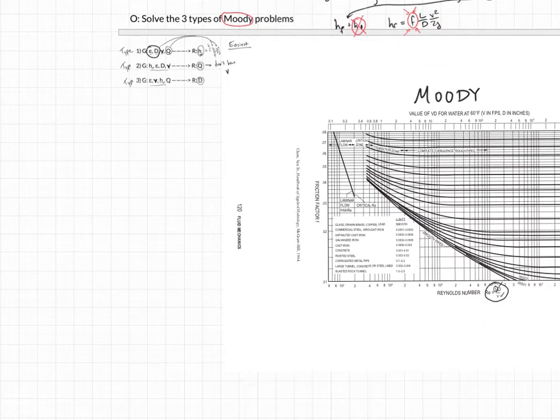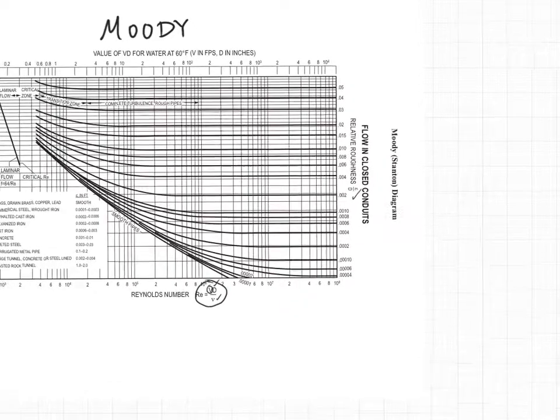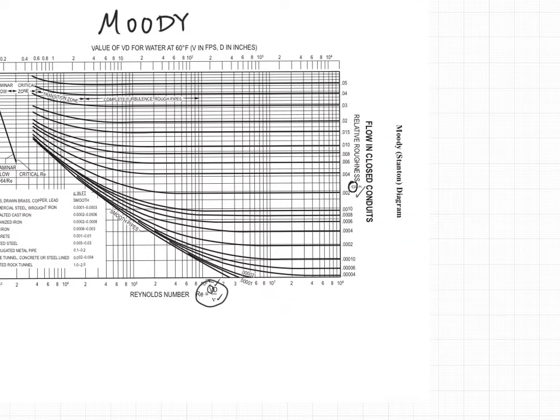And then the last type is where we don't have the diameter. If you don't have the diameter, then you don't have V, and you don't have epsilon over D. So with this type 3, you don't have velocity because you don't have diameter, and you don't have relative roughness because you don't have diameter.